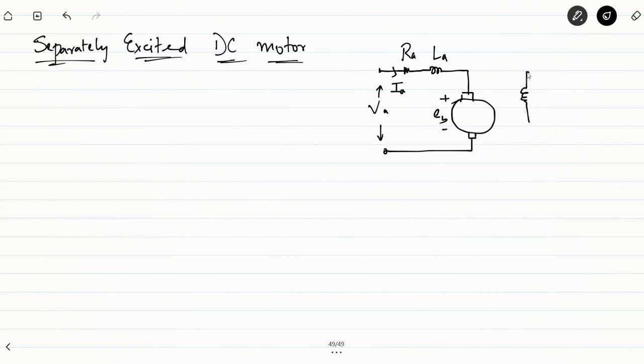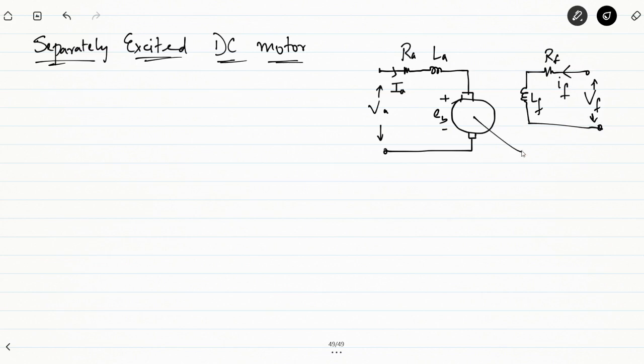Besides, we have the field circuit denoted by LF and RF. The field voltage applied is VF, and IF is the current flowing.